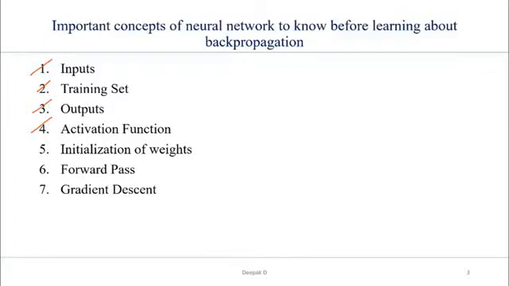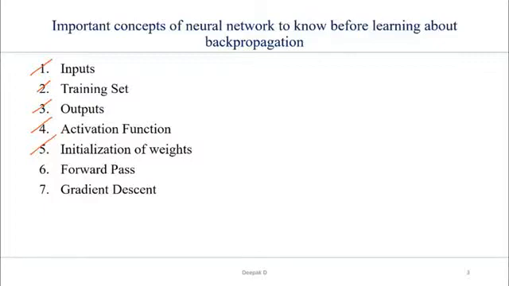And the fifth one is initialization of weights. Each neuron is given a numeric weight. The weight is applied in the activation function to determine each neuron's output. In the training of the neural network learning model, the objective is to discover the weights that can generate the most accurate outputs.